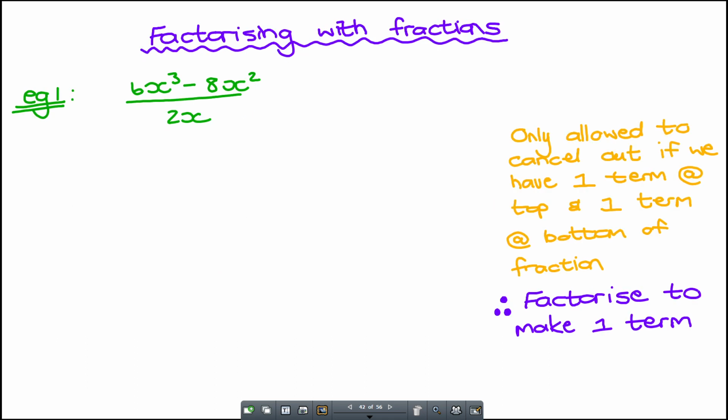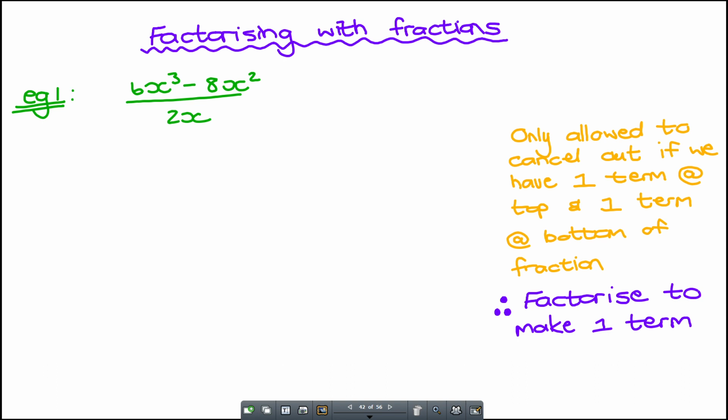Okay, now people, we have got to do factorizing with fractions. So, remember, you guys were taught 3 methods of factorizing: common factor, difference in 2 squares, and then lastly, trinomial. Those are the only 3 methods we're going to use every single time. Now, when we have fractions, what is the golden rule?